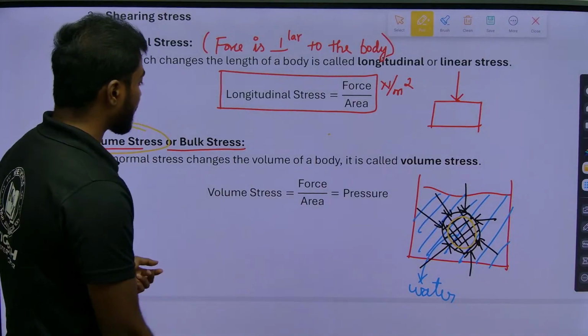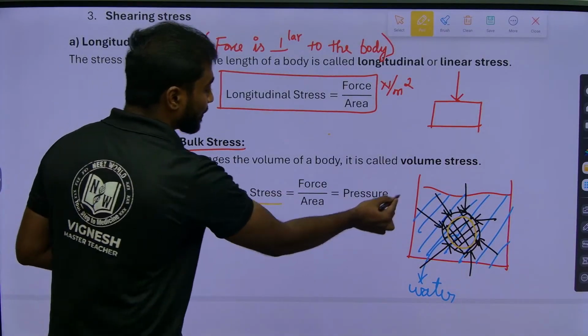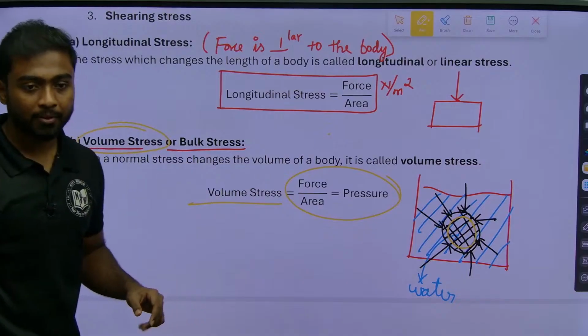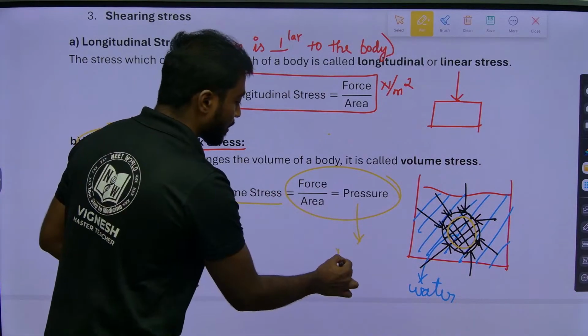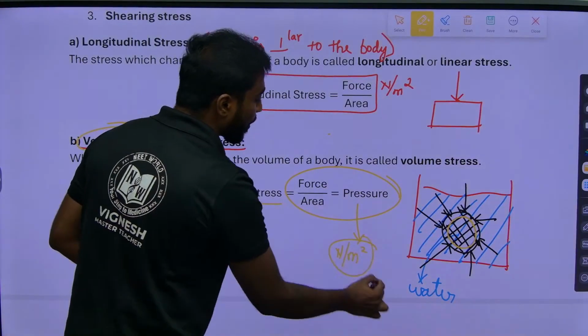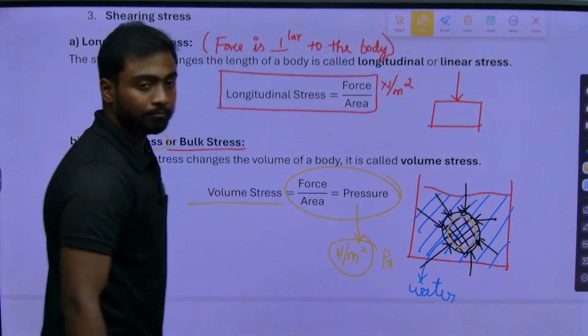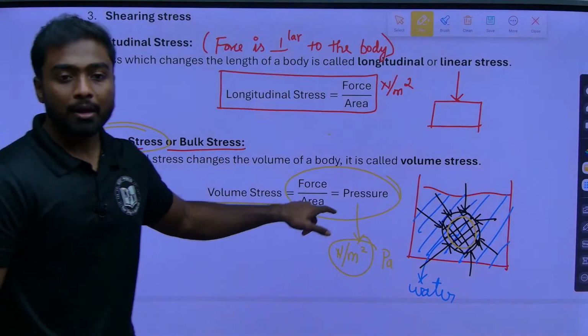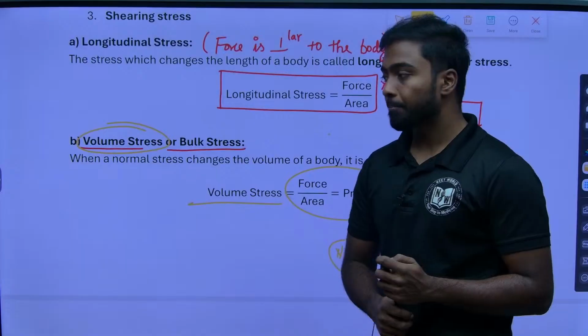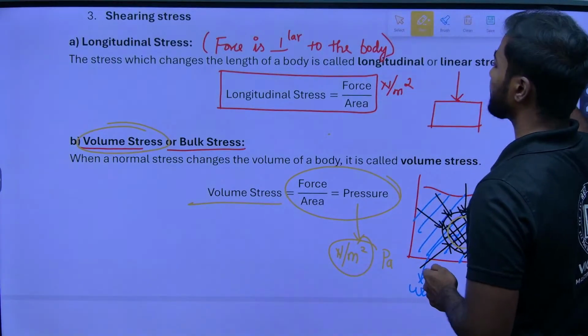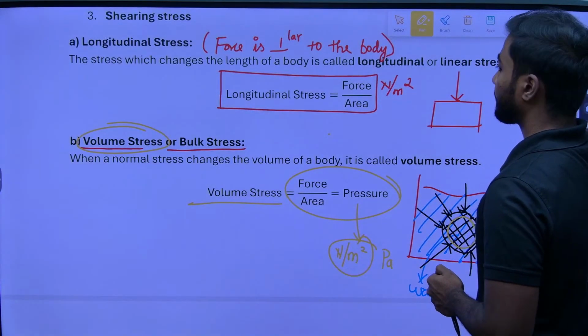Similarly, volume stress is force by area, or we can also say pressure. So what is the unit of pressure? It is Newton per meter square, the same unit, or else we can say Pascal. Both are the same. This is about volume stress.